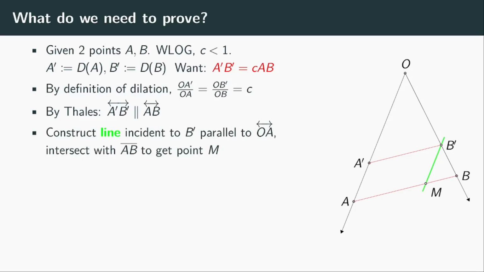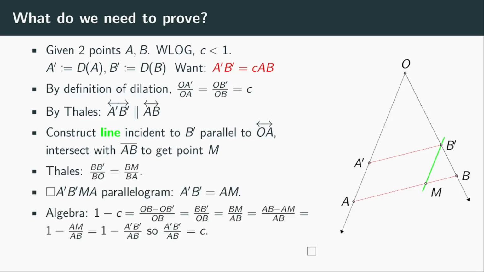Okay, coming back to our proof now. We construct the line incident to B prime parallel to the line OA. I've indicated that in green. And it intersects the segment AB in a point that I'm going to call M. Now, I'm going to apply the theorem of Thales where I think of B as being the intersection of the two lines. So I have the line BO and the line BA that intersect in B, and I have these parallel lines B prime M and OA.